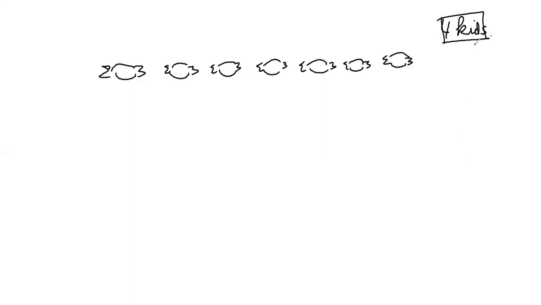So if we have 4 kids and 7 candies, how can we distribute these candies among these 4 kids? Well, what we could do is notice that I'm not gonna give this kid this candy. I'm gonna decide to give kids adjacent candies, so every kid gets a group of candies.